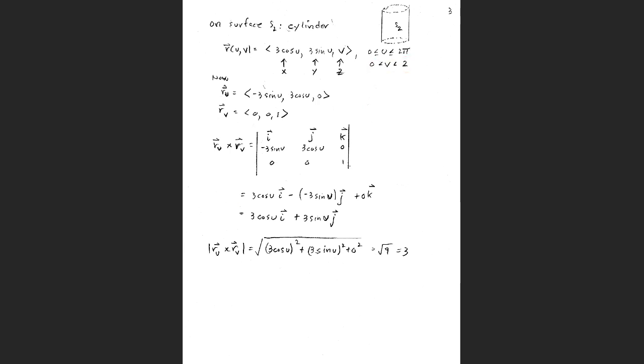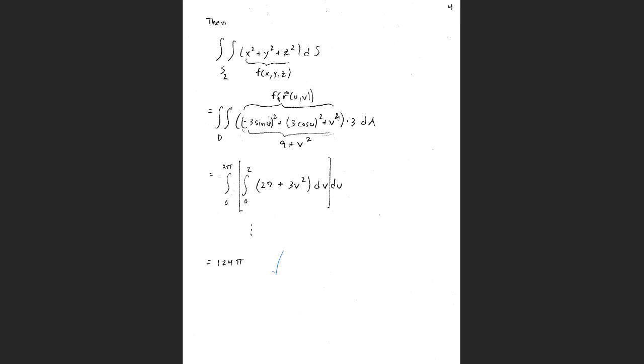I was thinking V would be from 0 to 3 as for the first surface, but no, because V here means something else. If we stack a bunch of circles on top of each other, with circles at heights from 0 to 2, it'll trace out that cylinder. So absolutely, this is fine. Okay, we got one more to go.